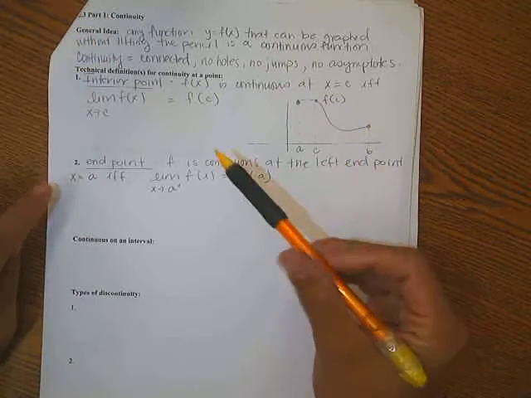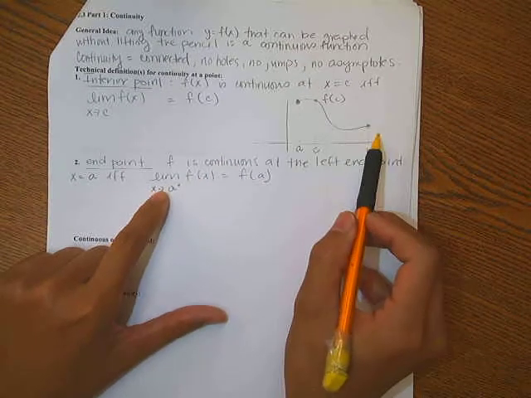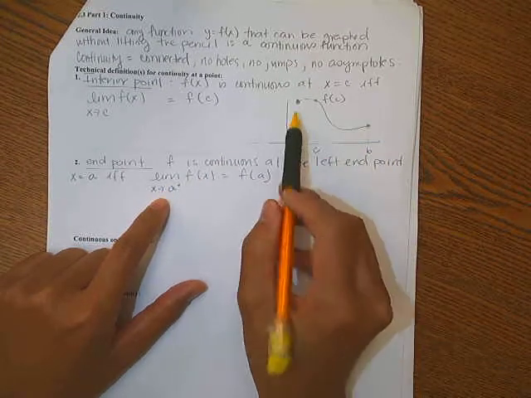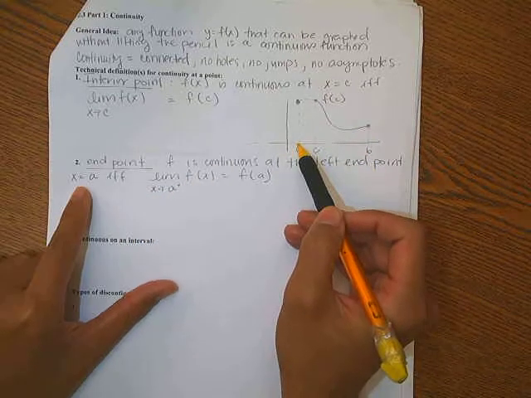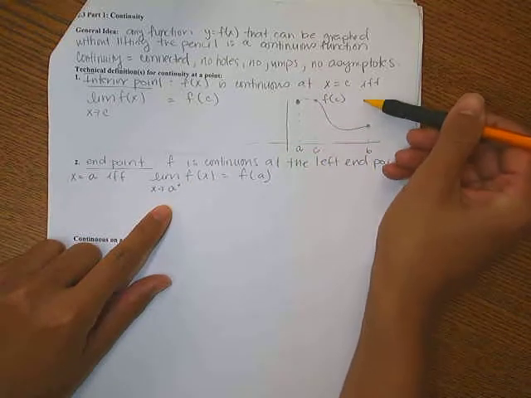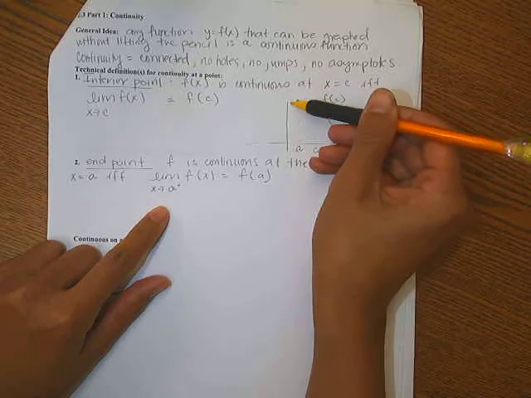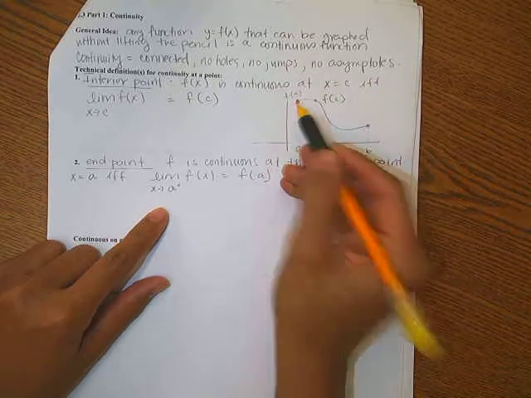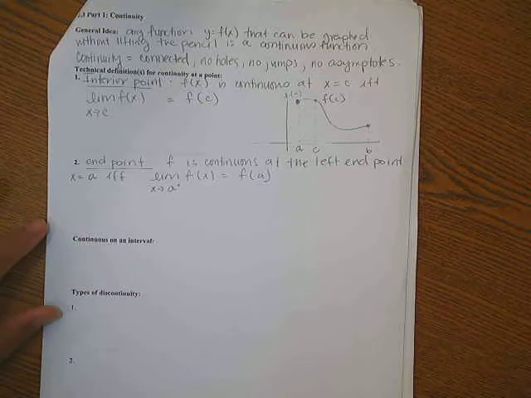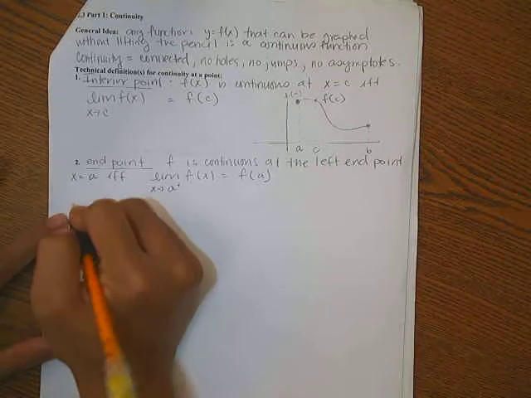Now the endpoint, we define both left and right. F is continuous again at the left endpoint, here's the left. Now if I pick A, so if x equals A, if the limit coming from the right equals f of A, which is actually true. So now we're going to do the other side, which is the right endpoint.